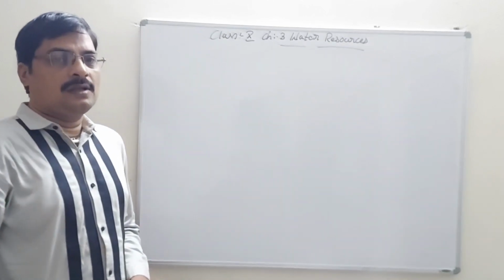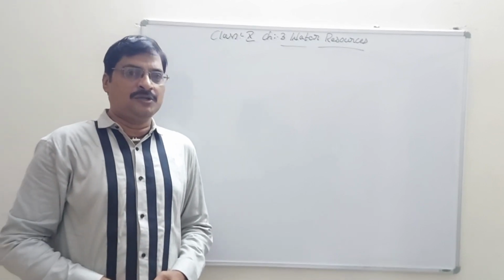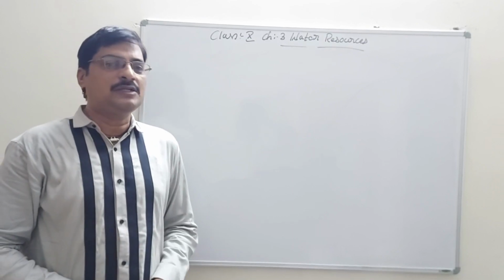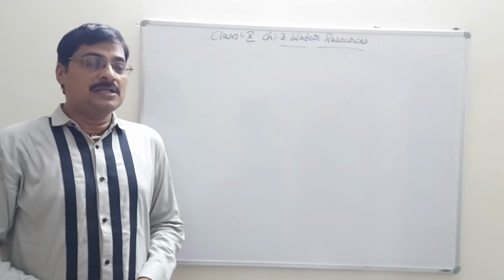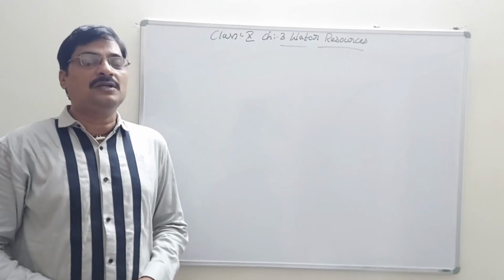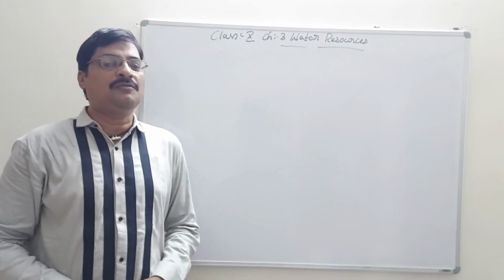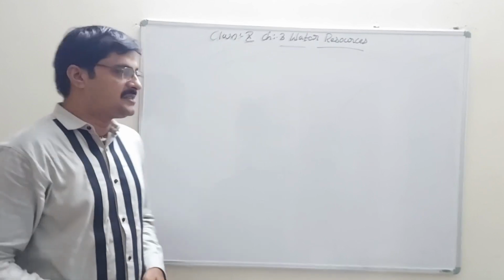Water resources. Resources means availability in nature. Yes, water plays one of the most important vital roles in our nature. But how much water is available on the earth's surface? 70% of the earth's surface is water.